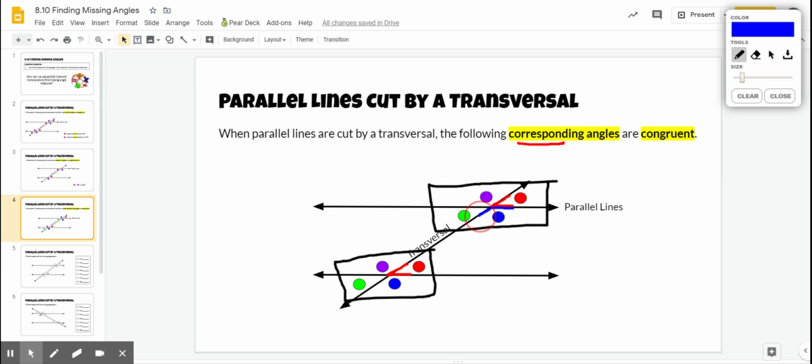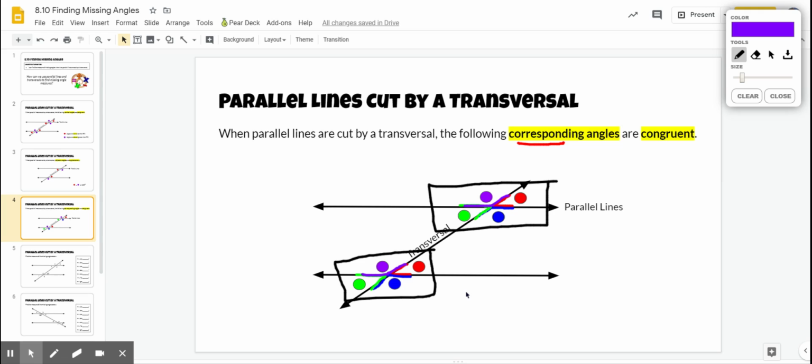Down here, we have this blue angle that measures exactly the same as the blue angle down here. We have our green angle over here, which measures the exact same as this green angle here. And I'll mark the purple one that I mentioned first. Here's our purple angle here, and that corresponds with that purple angle down here.